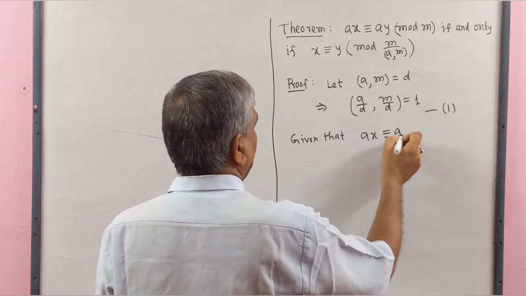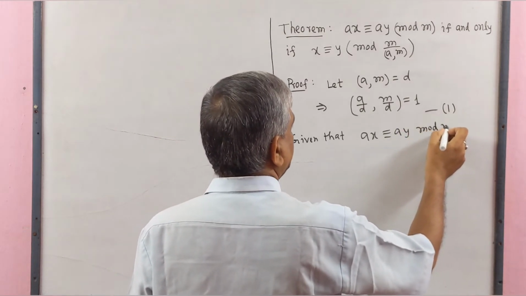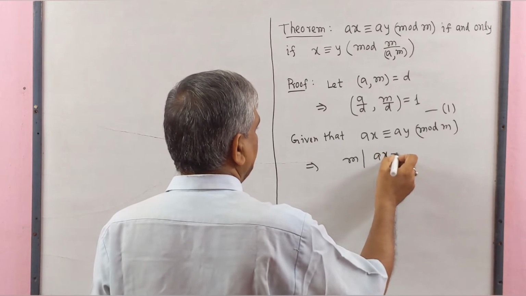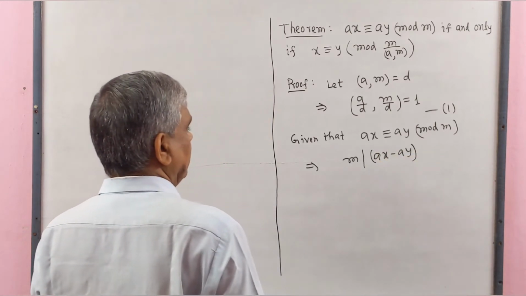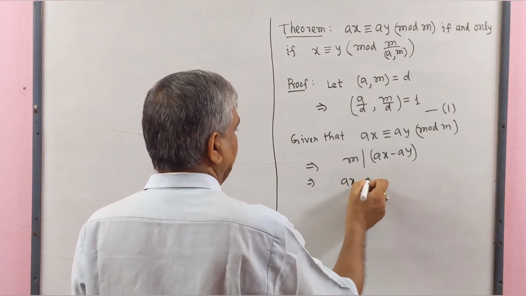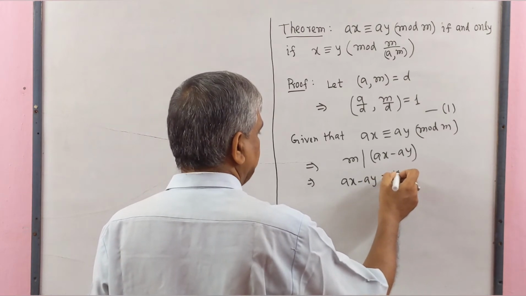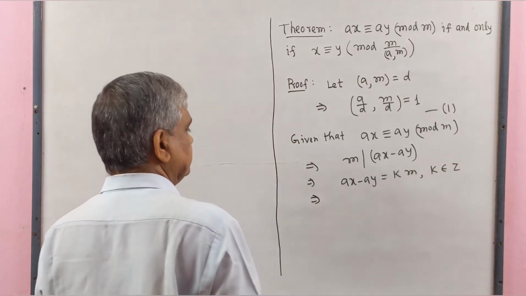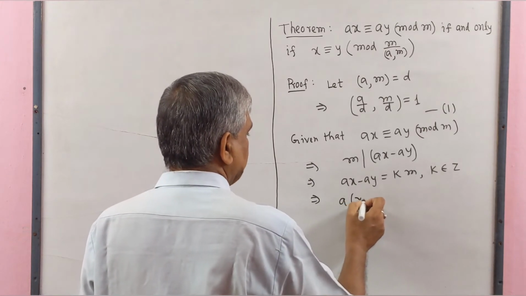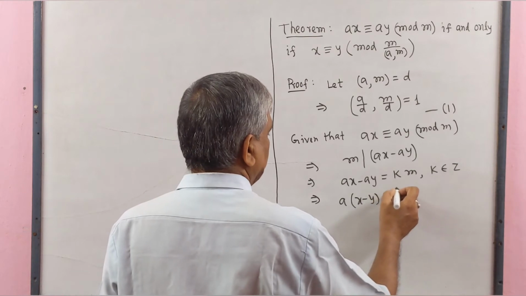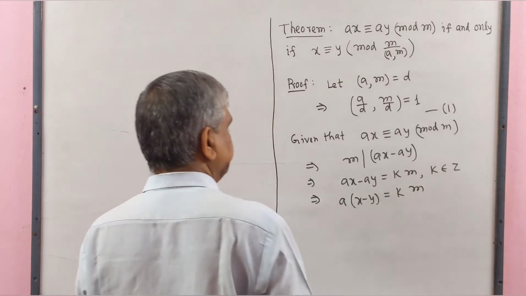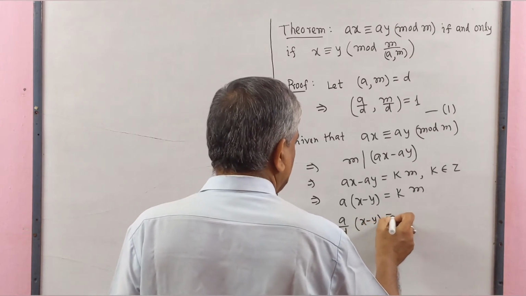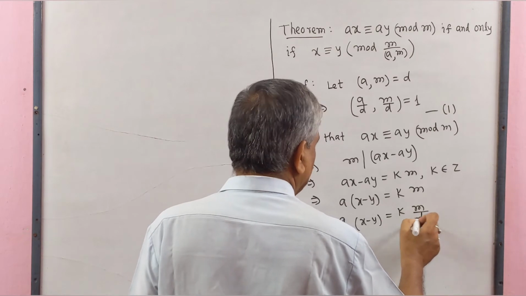Given that ax congruent ay modulo m implies that m divides ax minus ay, implies that ax minus ay equal to some integer k multiply m, k is an integer, implies that a common x minus y equal to k multiply m, implies that a by d multiply x minus y equal to k multiply m by d, dividing d in both sides.